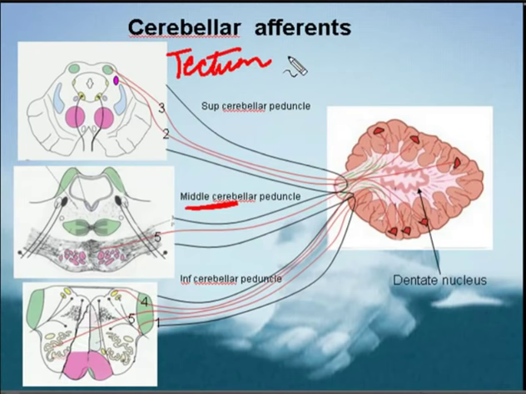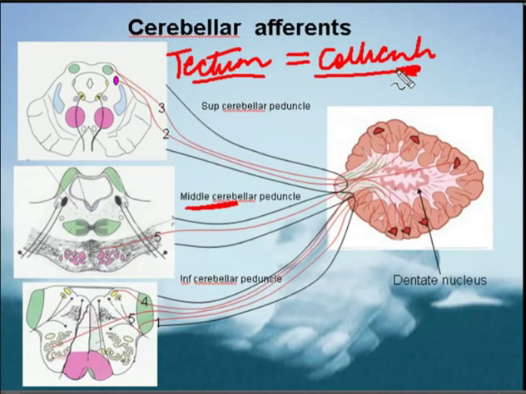I know it might be a little confusing sometimes, but we use them synonymously sometimes. So the tectum, which is present in the midbrain, is connected to the cerebellum by means of the superior cerebellar peduncle, so that's how they'll go through.